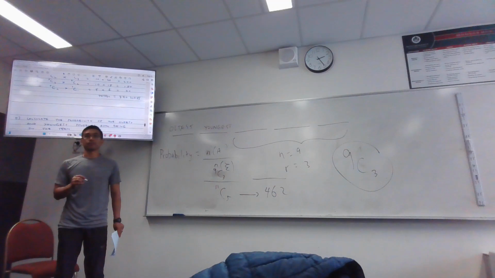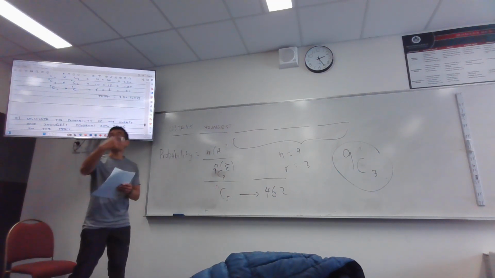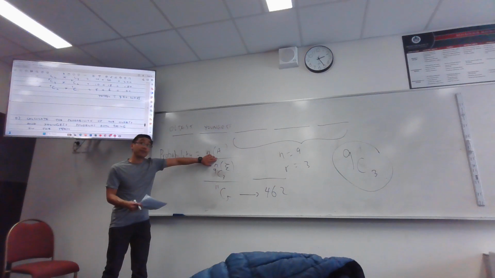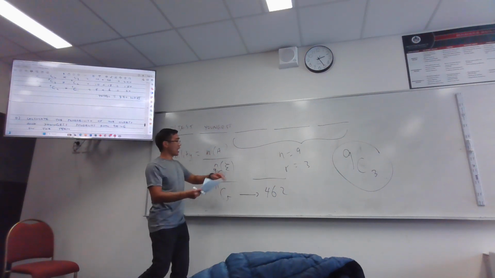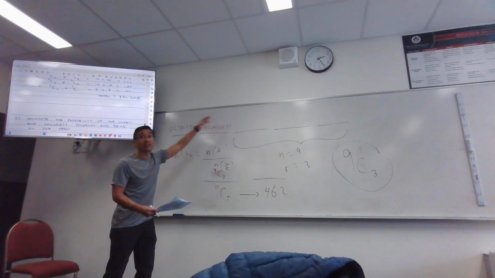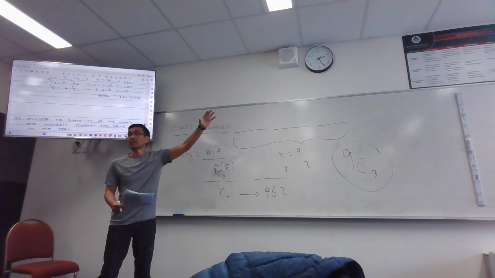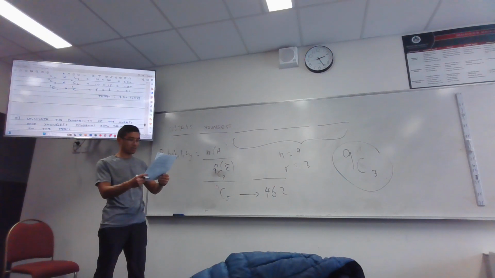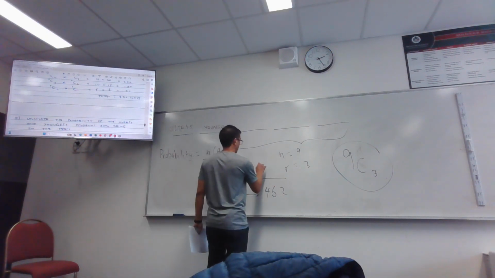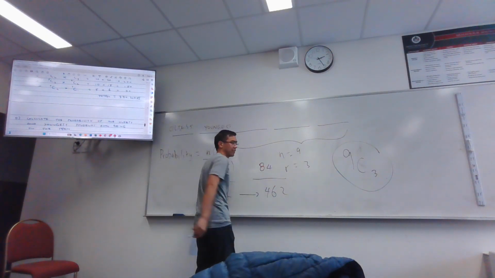Because that's the small amount of the total. That small amount is our event A. This is the event. So 84 over 462 equals 2 out of 11.